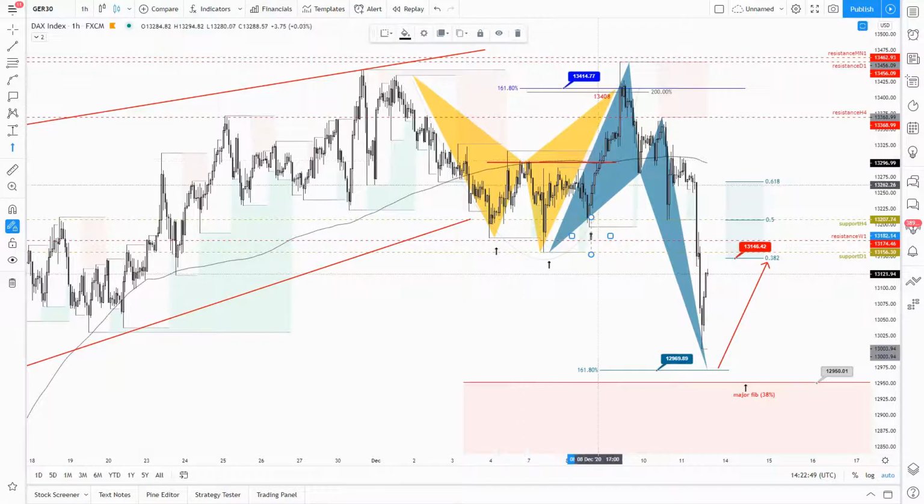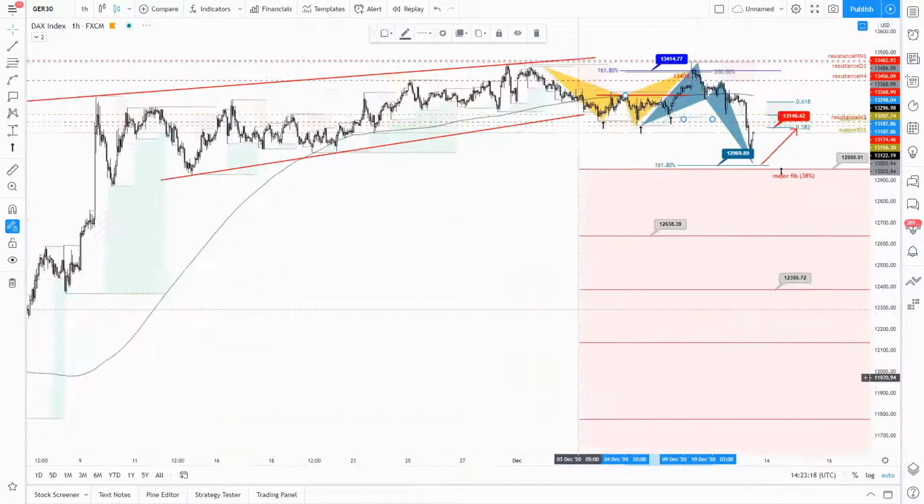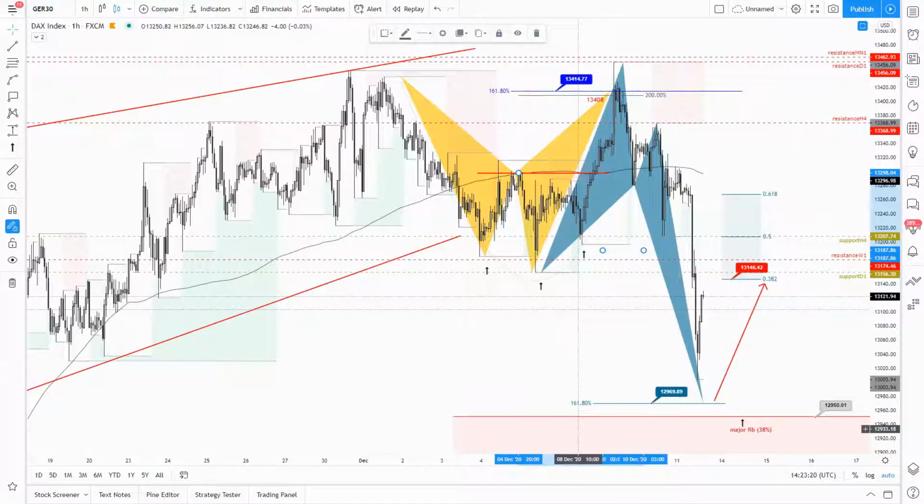I shared these before the breakout above the next zone, and then also shared the default target for the inverted head and shoulders and the bearish shark pattern projected at 13.41. So basically, the default target for the inverted head and shoulders is also converging with this bearish shark pattern and offering this amazing short opportunity for those who are searching for that.